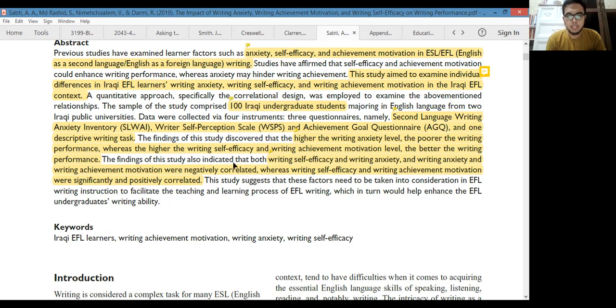Or it can be said that writing anxiety was negatively correlated with writing self-efficacy and writing achievement motivation, but writing self-efficacy and writing achievement motivation were significantly and positively correlated. So they only see from the direction point of view.